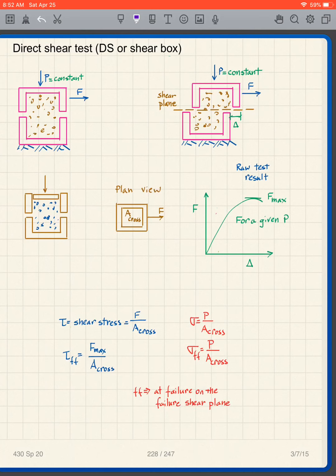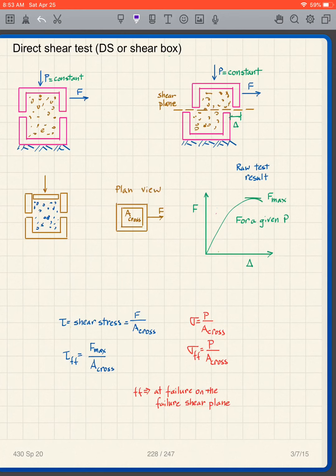It looks like a stress strain curve when we do it. We plot F, we plot delta, and as we increase F, we increase delta. Increase F, we increase delta. Eventually we keep trying to increase F, and it reaches a peak, and we start getting large delta. Like I say, it looks like a stress strain curve.